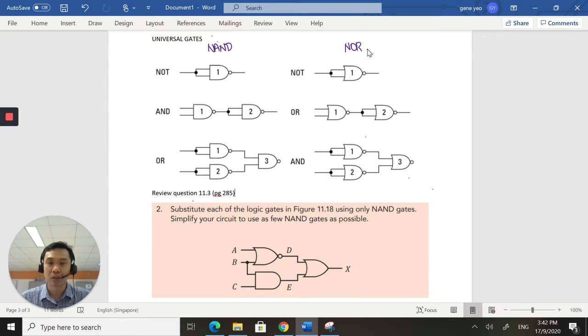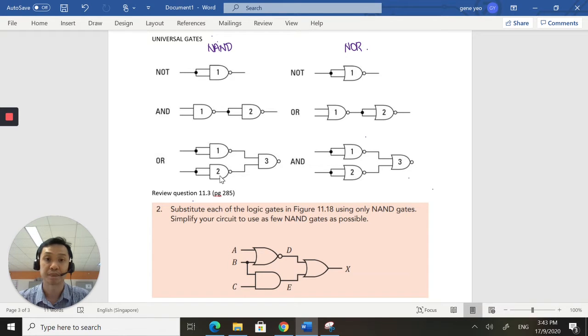So if I want to use a NOT gate, I can actually use a NAND gate to build a NOT gate. If I want to have an AND gate, I can actually use a NAND gate to build an AND gate.